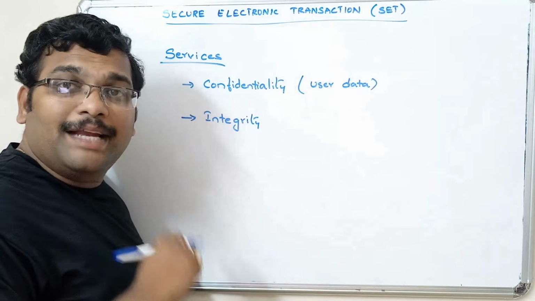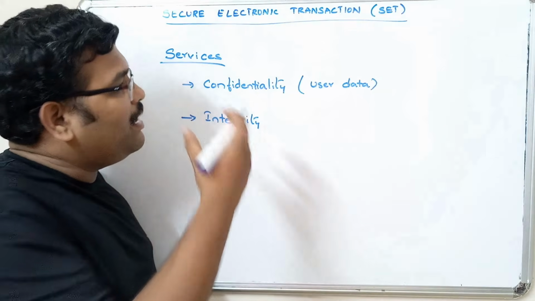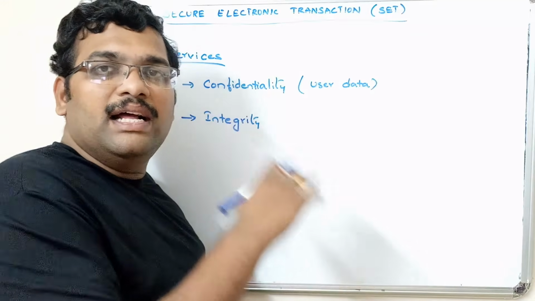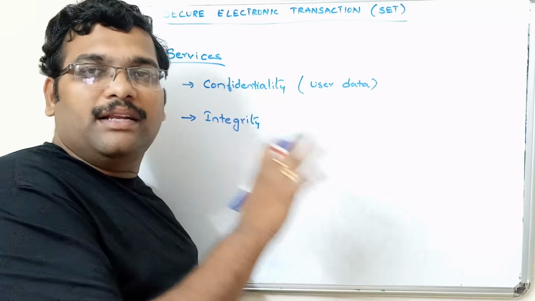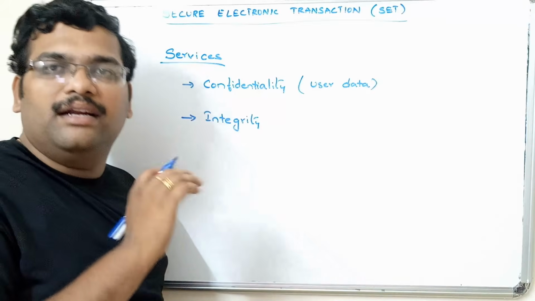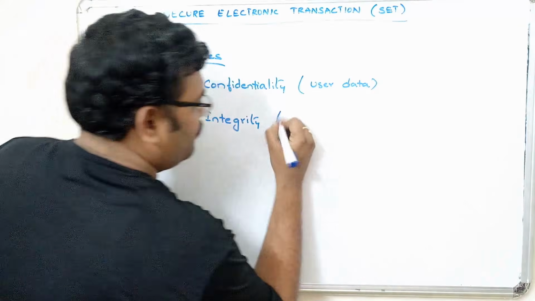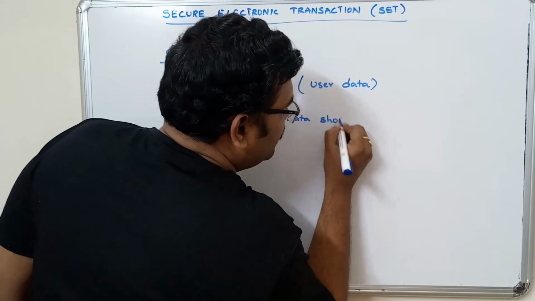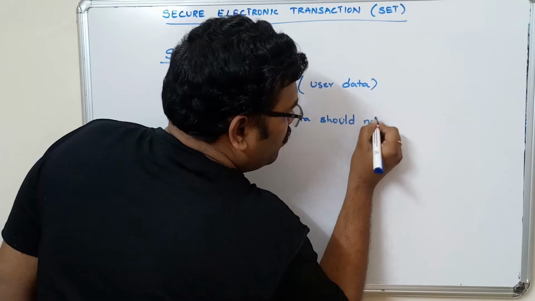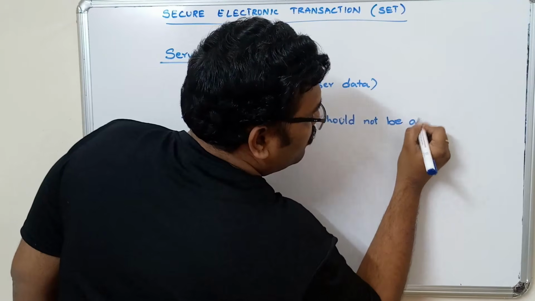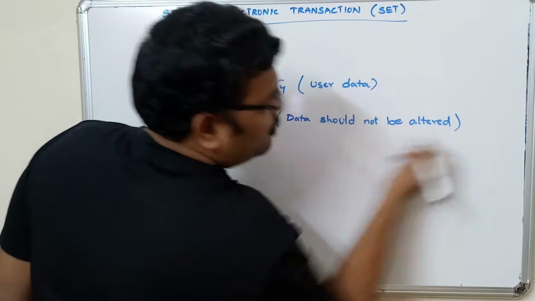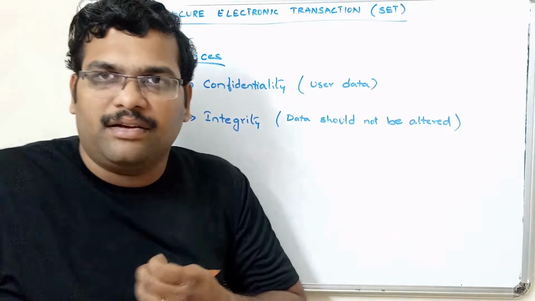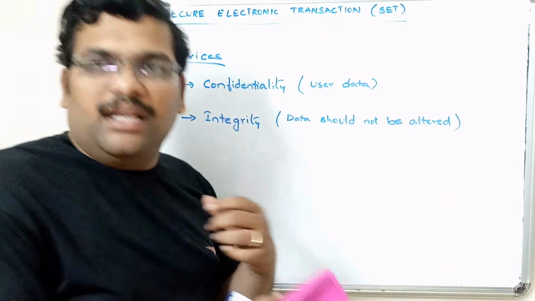We are sending our personal information and the payment information through the network, so that particular data should not be altered during the transmission. No modification should be done after sending the information from the sender and before receiving by the receiver.